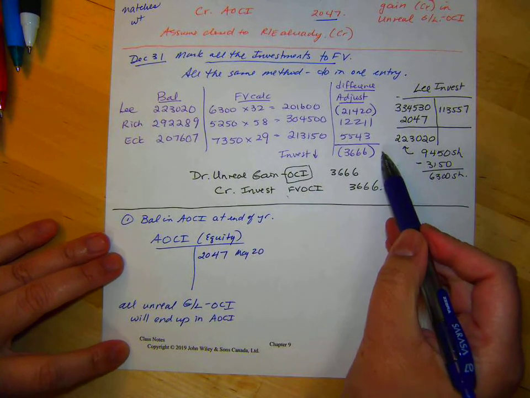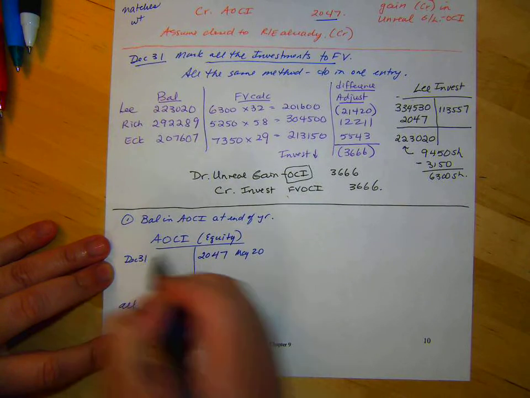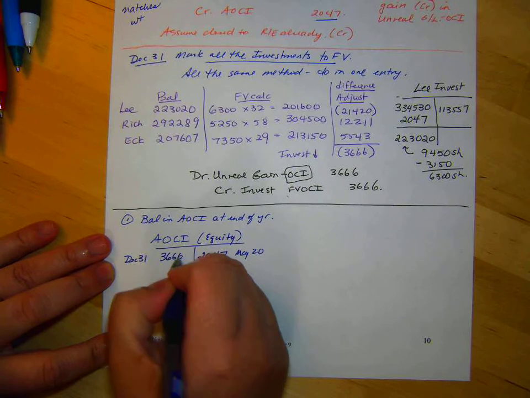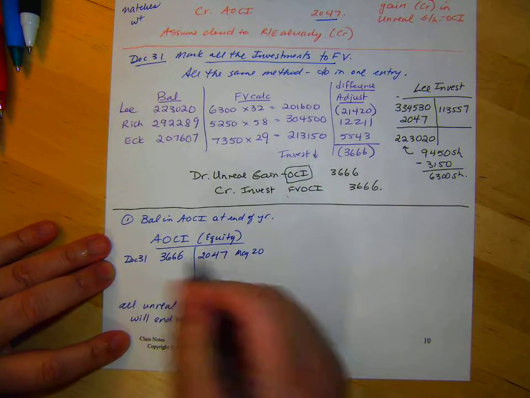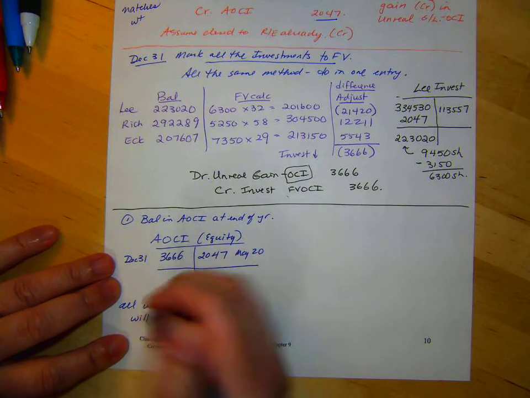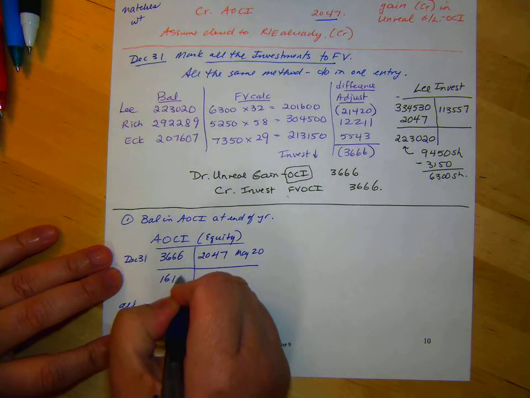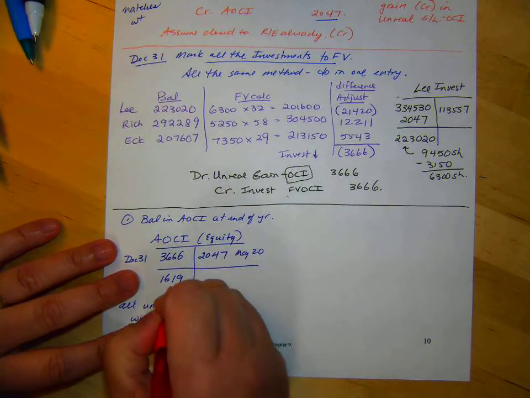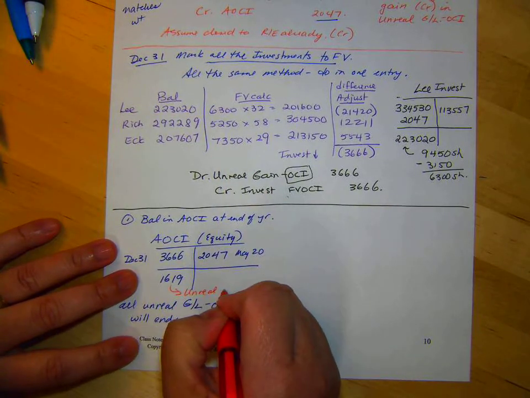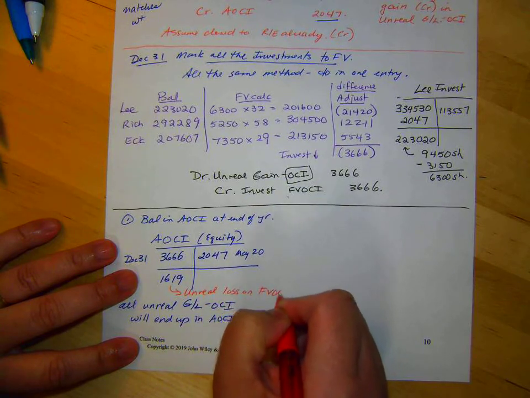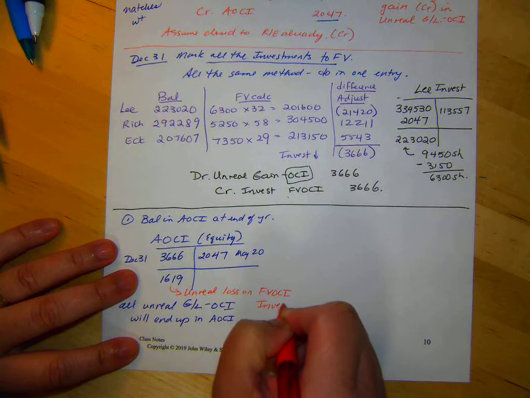And then here on December 1st, we have 3666 because it's a loss and that's a gain. So our balance is going to be 1619. That's the unrealized loss on FVOCI investments.